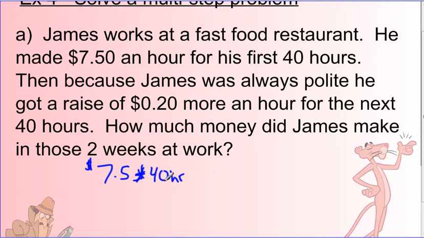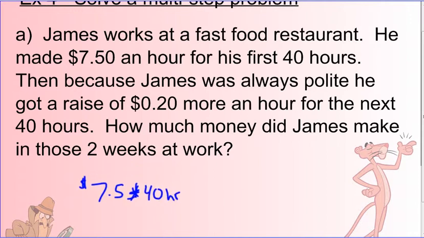Then, because James was always polite, he got a raise of 20 cents more an hour for the next 40 hours. How much money did he make in those 2 weeks of work? Oh, okay. So this here would be week number 1. And that's what we want.